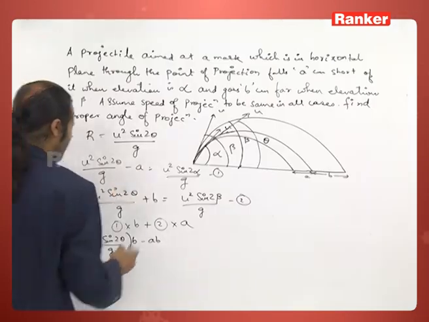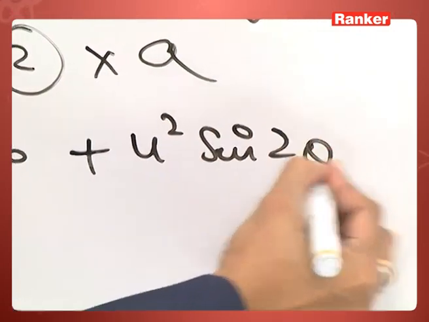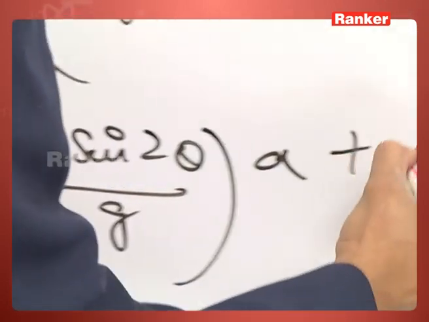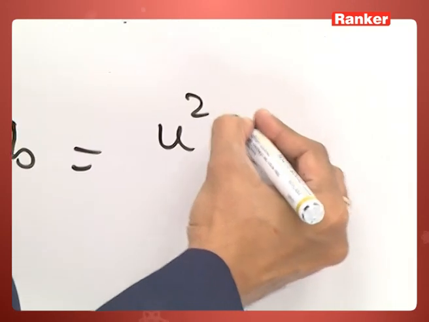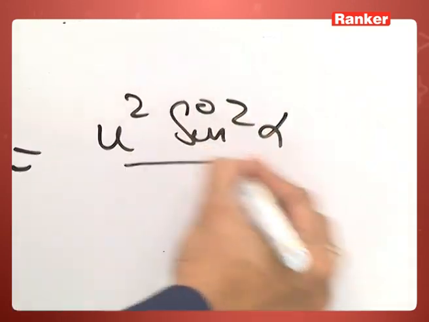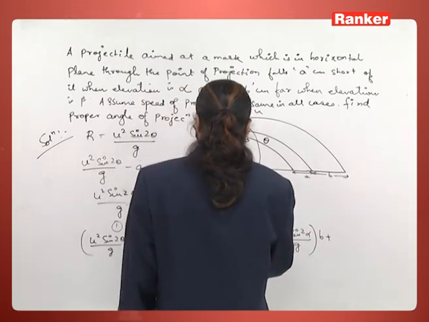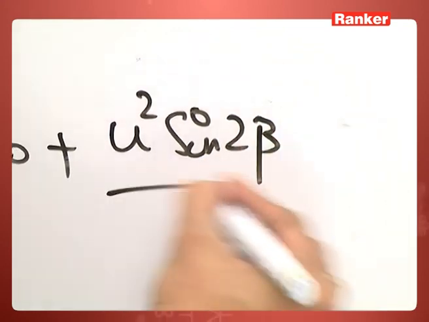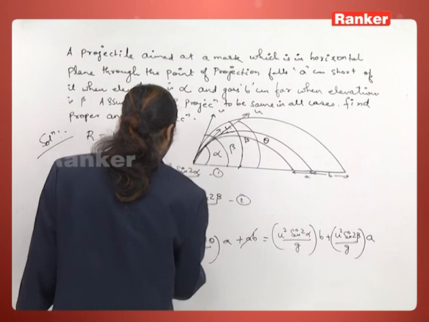Then I will multiply with a: u square sine 2 theta by g into a, plus ab, equals, here I multiply with b, u square sine 2 alpha divided by g into b, plus here I multiply with a, u square sine 2 beta divided by g into a. So this ab and ab cancels out.